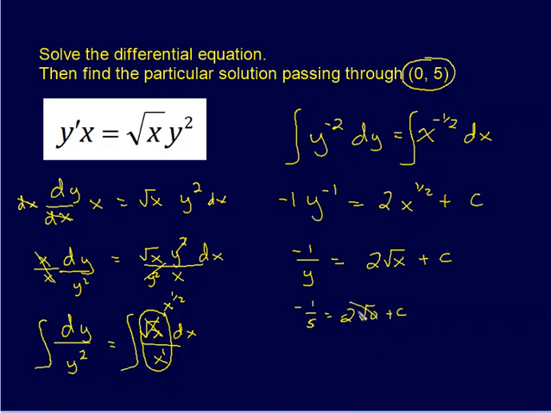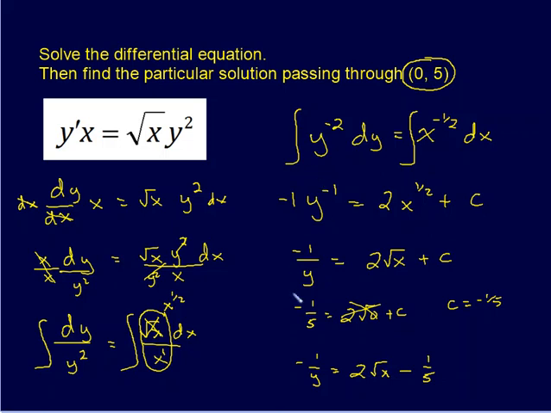And basically that tells you that in this equation, the c is negative 1/5. So we've got to go back now and write our equation with that filled in. Negative 1 over y equals 2 root x minus 1/5.